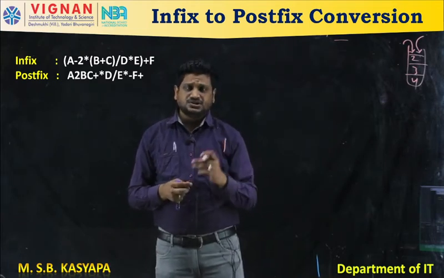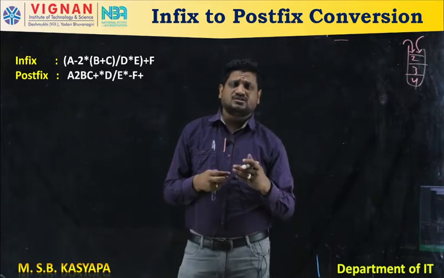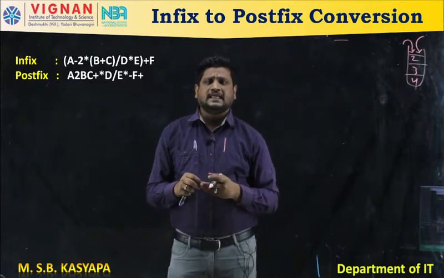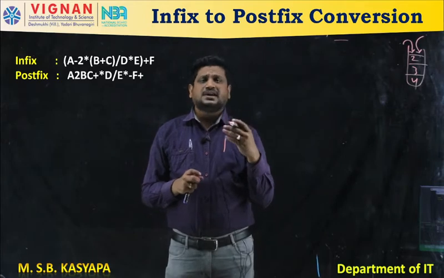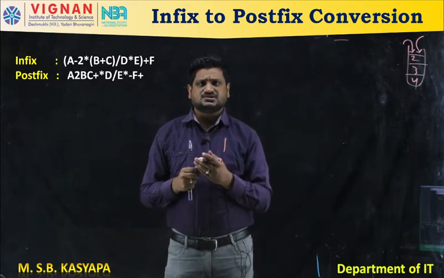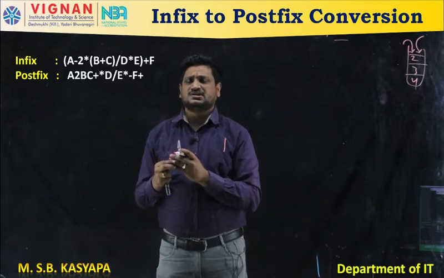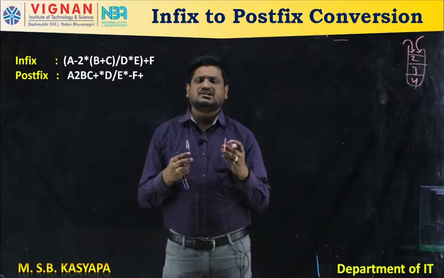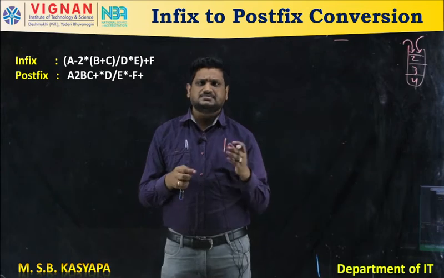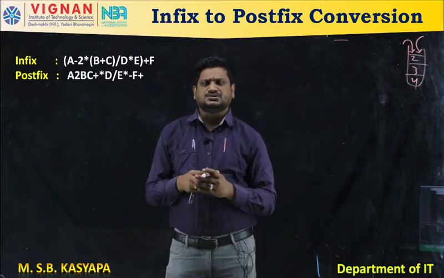Now, as you know, we have a lot of different operators, and you know the operator precedence from the previous classes. In normal arithmetic expressions, we only consider the arithmetic operators: plus, minus, multiply and divide, am I right?